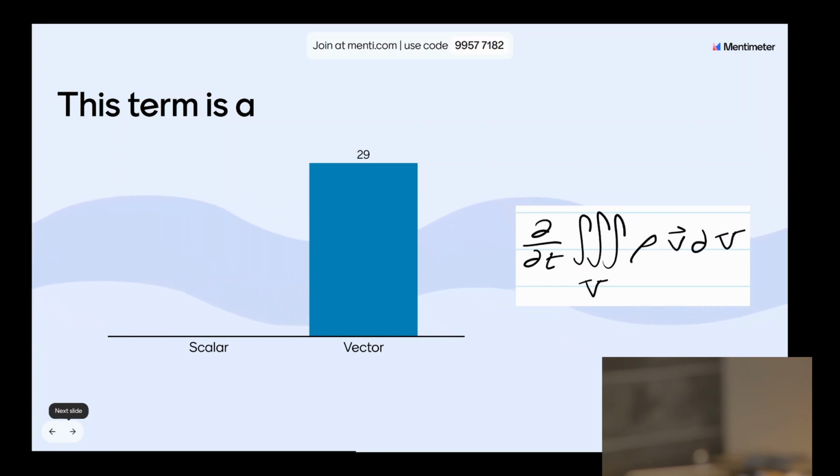In the other one I just showed, we had vectors in here, but the dot product of those vectors reduces them to scalars, and then we integrate them. In this one, we just have a leftover vector. So we're doing the partial derivative of a volume integral of a scalar times a vector. Lovely, right? Okay.